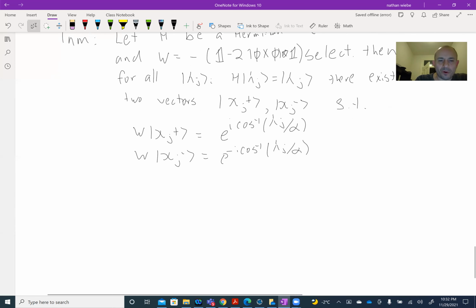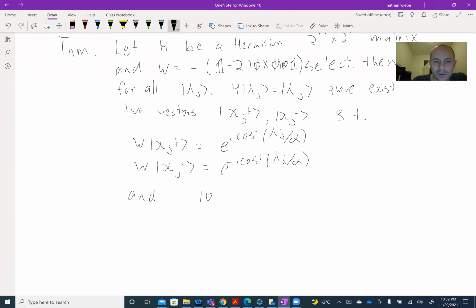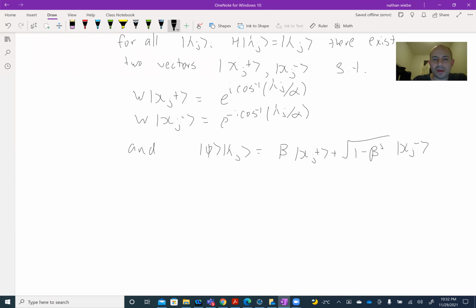And further, we have that the vector phi lambda sub j is equal to beta chi j plus square root of 1 minus beta squared chi j minus, for some value of beta less than or equal to 1.